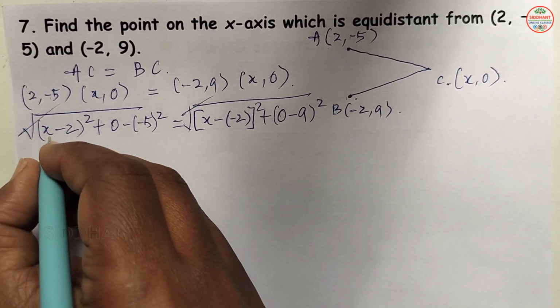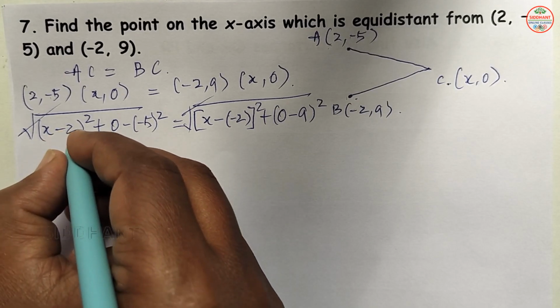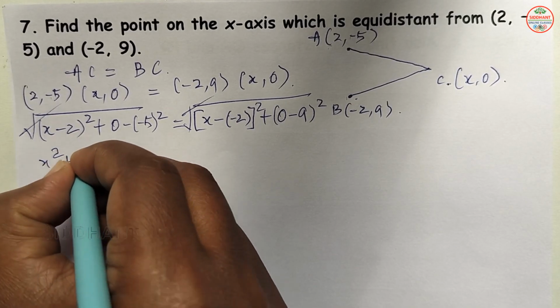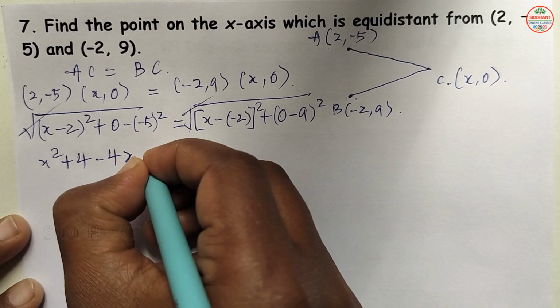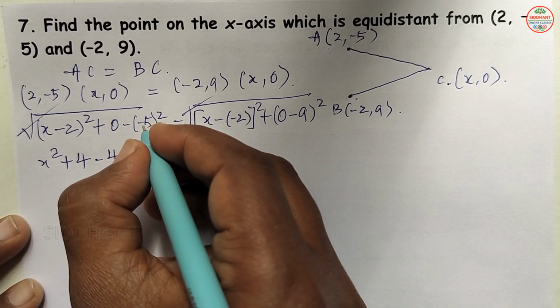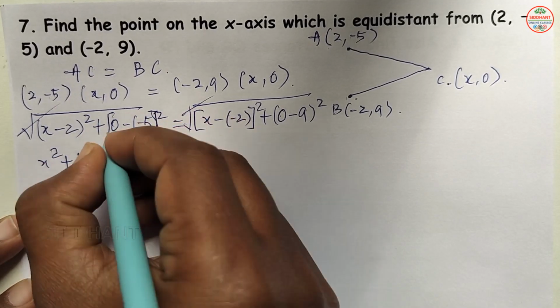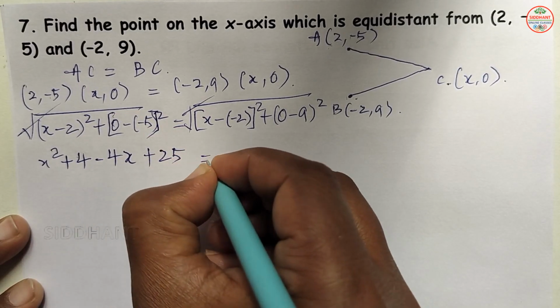So on the LHS and RHS, the square roots cancel. Then we expand this: (x minus 2) whole square gives x square plus 4 minus 4x, plus (minus 5) square, which will be 25.